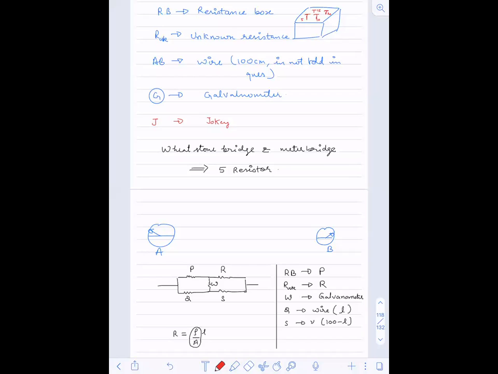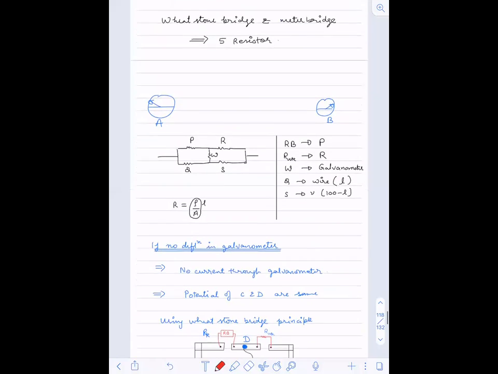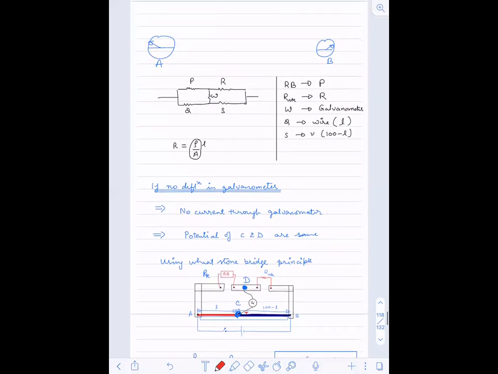Remember that in the meter bridge and Wheatstone bridge, there are not 4 resistances, there are 5 resistances. One galvanometer in the meter bridge is also acting as a resistor.